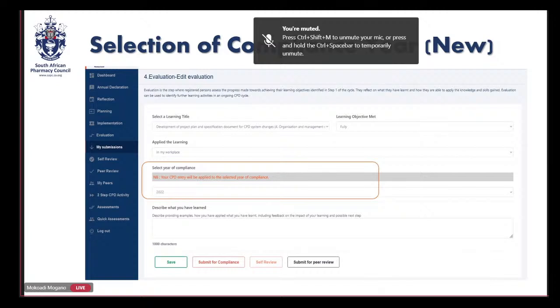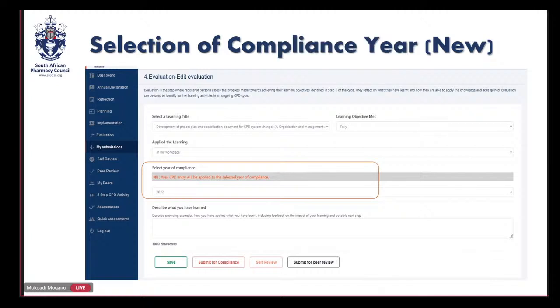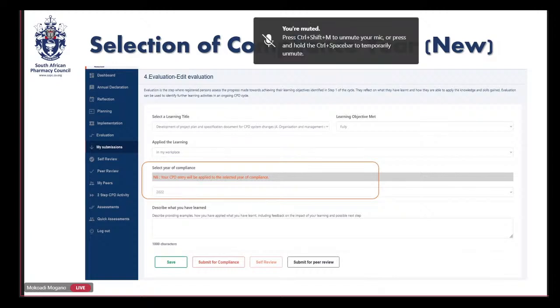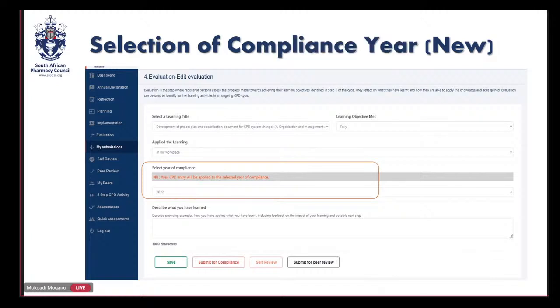All right, we have also added the selection of a compliance year, because in the past you could not select the compliance year. For instance, we all know that CPD runs over 2 years.